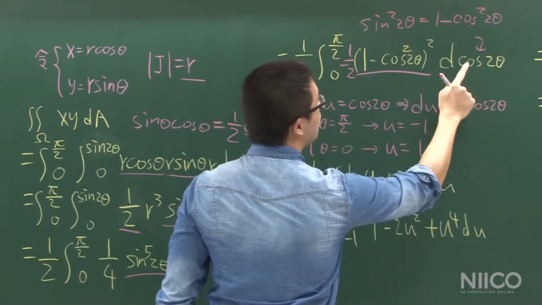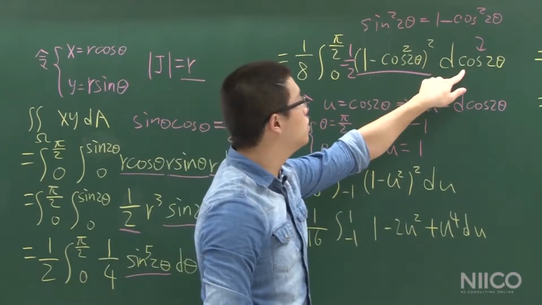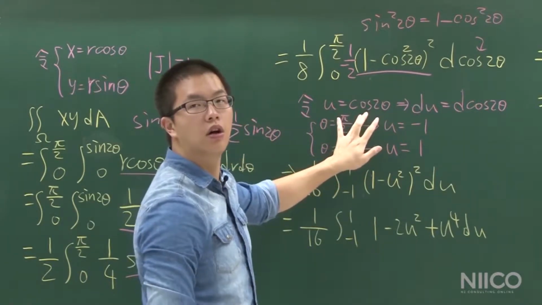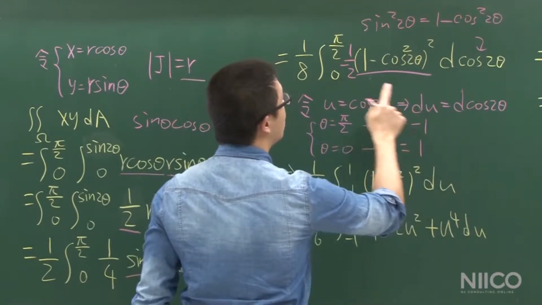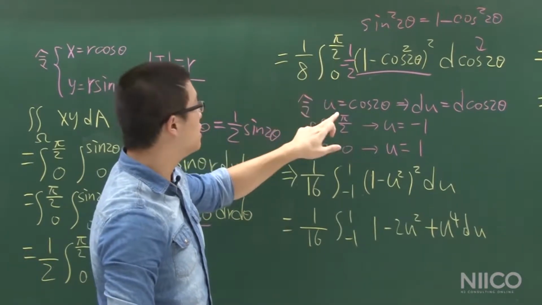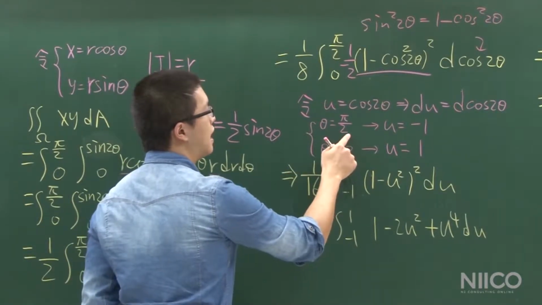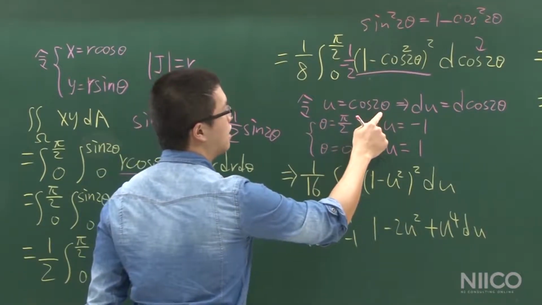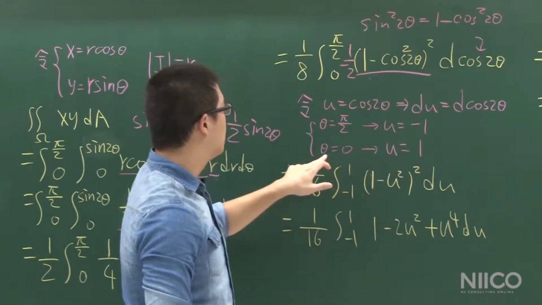Now, we want the upper bound to be larger than the lower bound, so we can swap that and add back a negation. So this integral becomes 1/16 times the integral of the square of 1 minus u squared times du, and u is from -1 to 1. So this integral should be quite straightforward. We can first expand this square of 1 minus u squared, so it becomes 1 minus 2 times u squared plus u to the 4th.